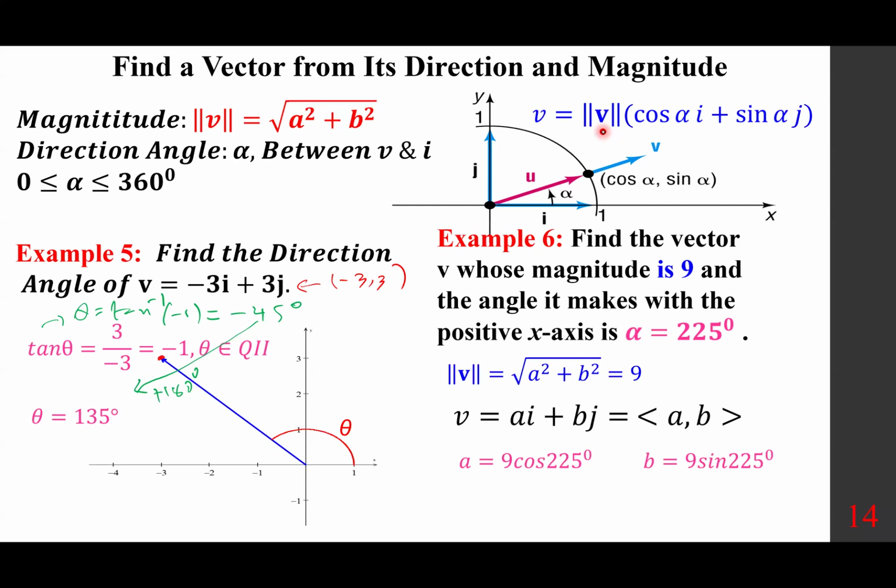So 225 degrees. The reference angle, if you subtract 180 from it, gives you 45 degrees. So the answer is the same as 45 degrees in the third quadrant.